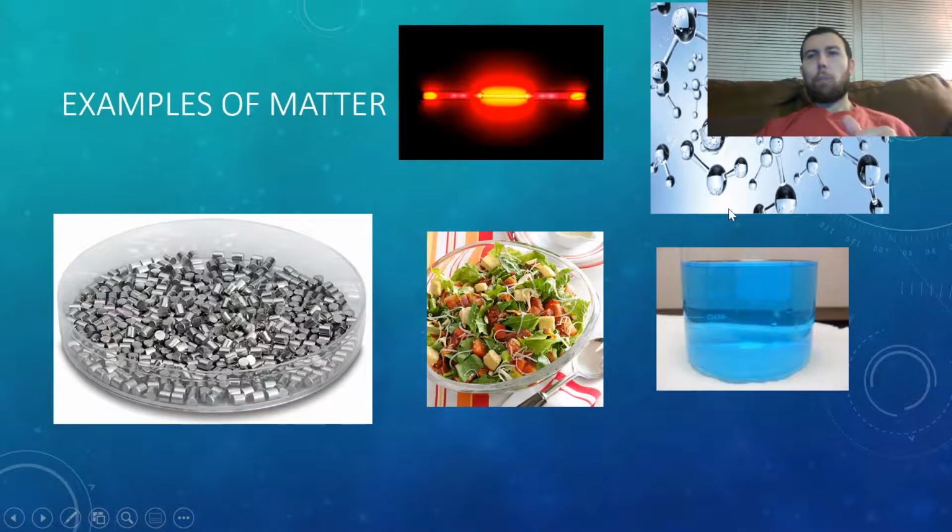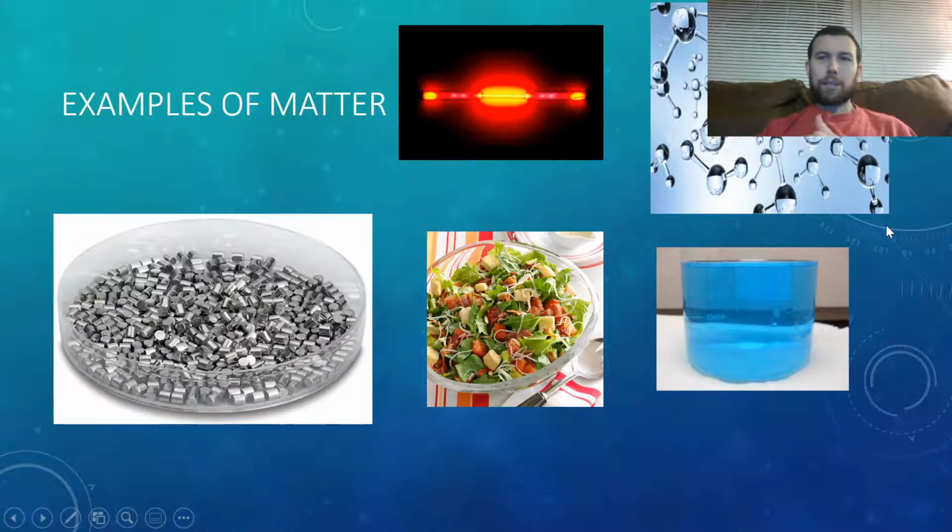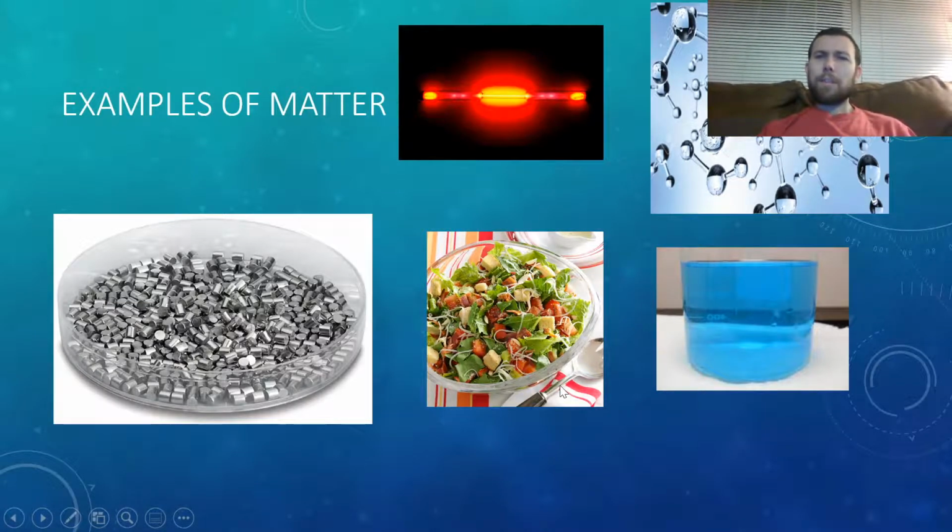We can have water, and the really neat thing about this image is it's showing water in terms of the shape of its particles, but we've got it in its liquid phase. We've got a metal that's here in this dish, so that's a solid. And then we've got some examples of some mixtures that are over here. We've got a salad, and then we've got this blue liquid solution that's in this beaker. Now, each of these images are representing different types of matter.